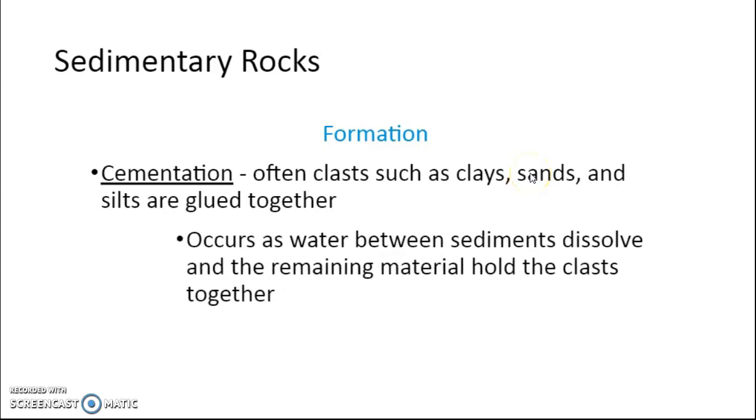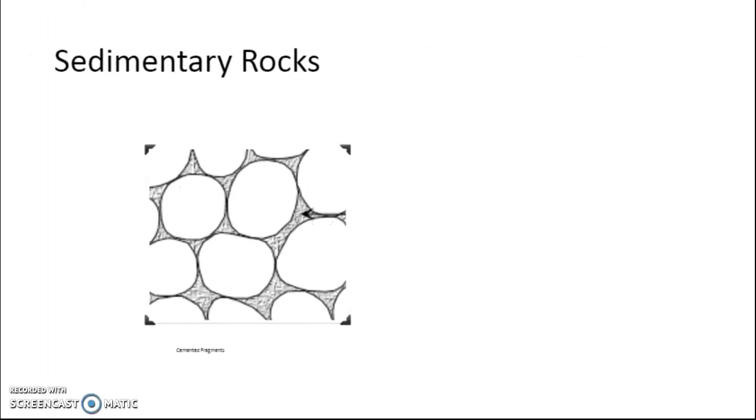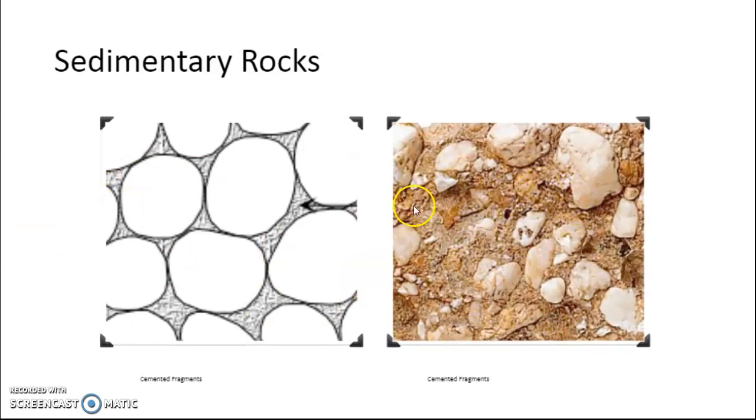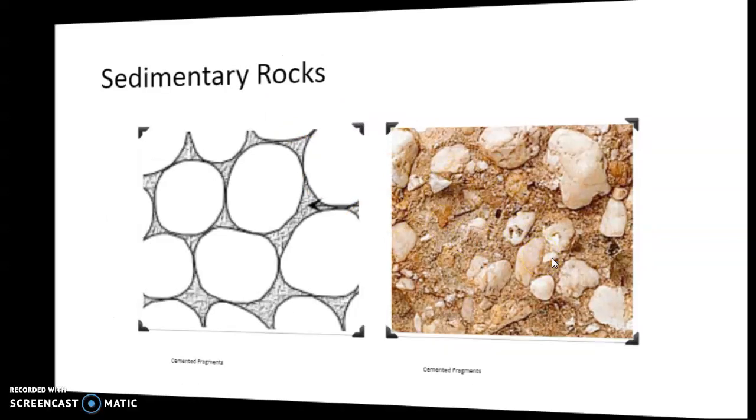And so this usually happens when water between the sediments dissolves and the remaining material holds those pieces or clasts together. And so we've got our cemented fragments that form a rock similar to this, that's limestone.